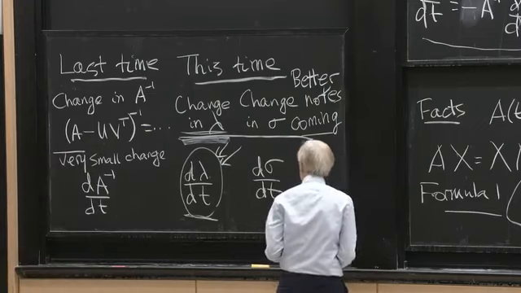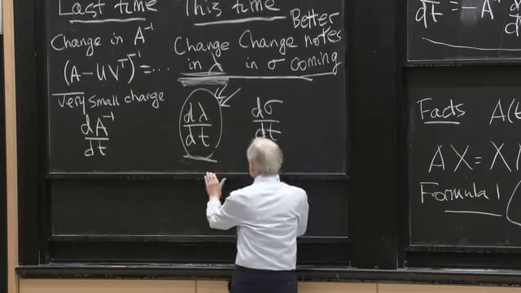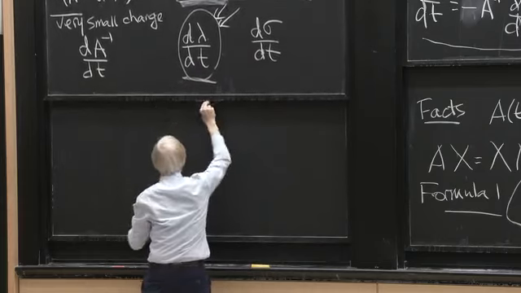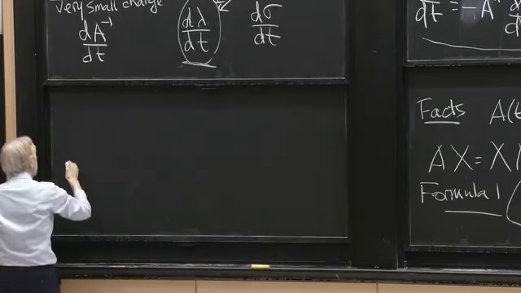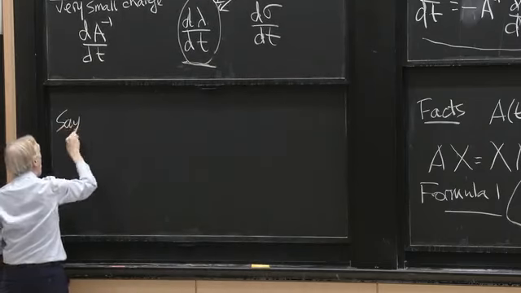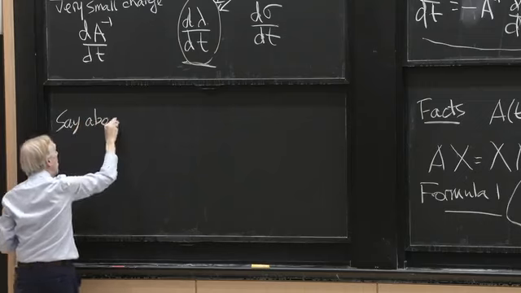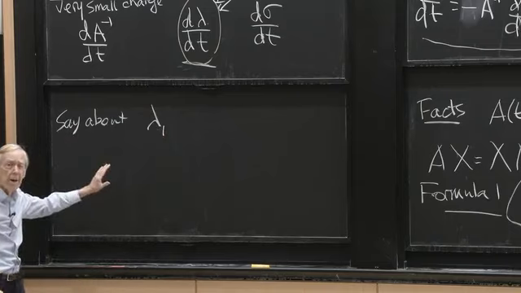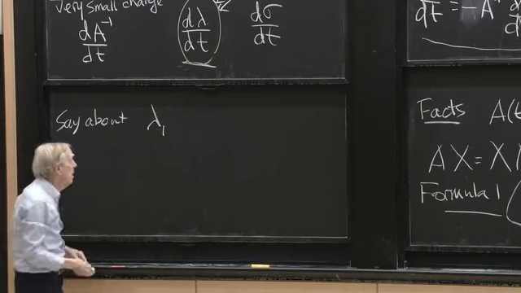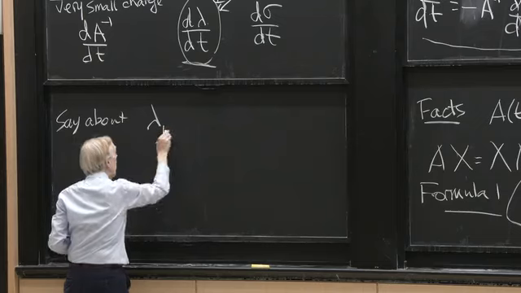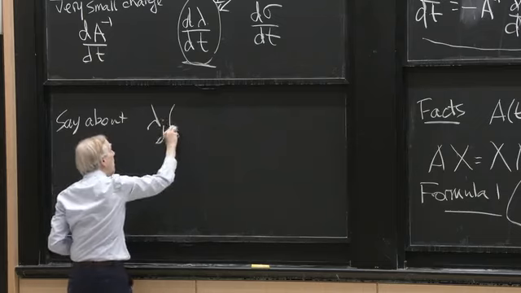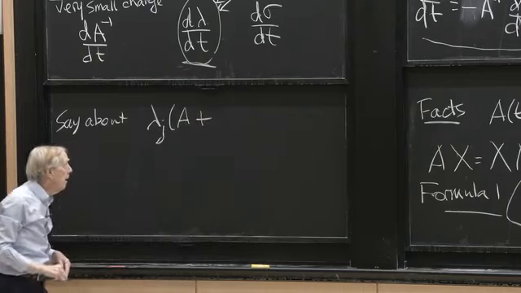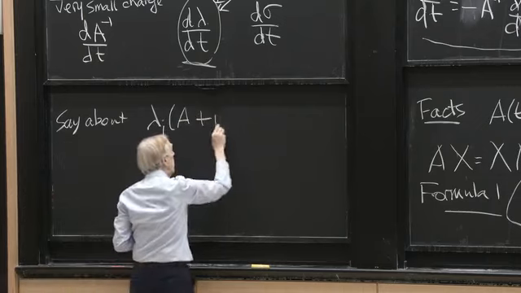When the change is rank 1, what can we say about the eigenvalues? Let's take the largest eigenvalue, or all of them, lambda j, all of them, of A plus a rank 1 matrix UV transpose.